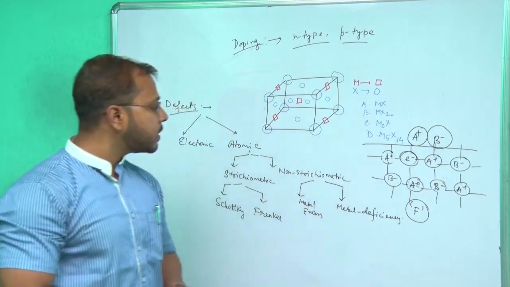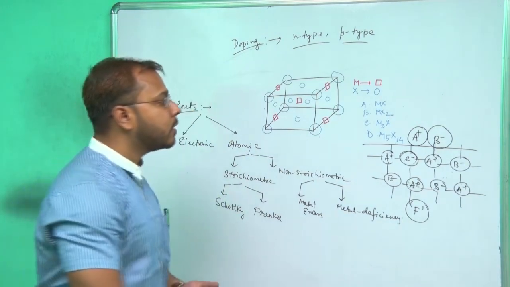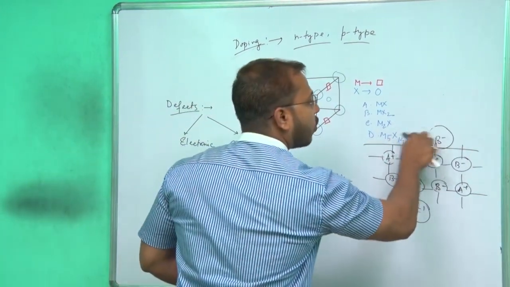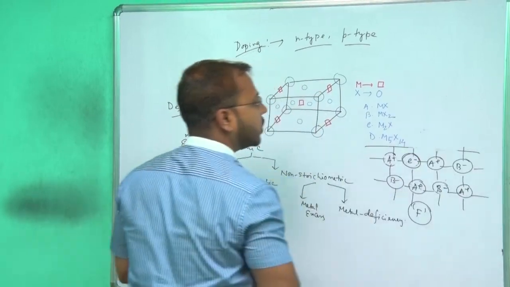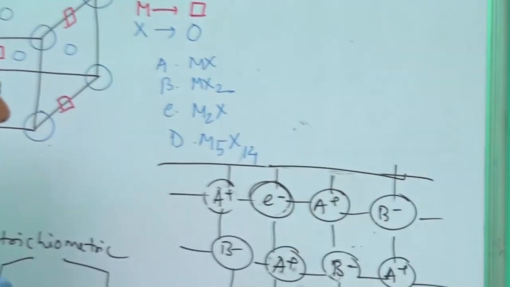Now the second part: metal excess, anion vacancy we have done. Next is extra cation occupying the interstitial gap. In this case, what is happening?